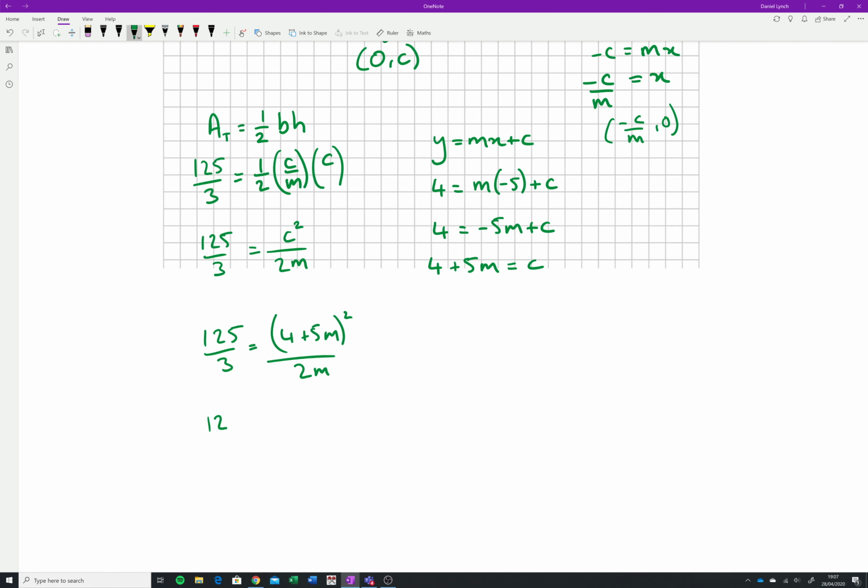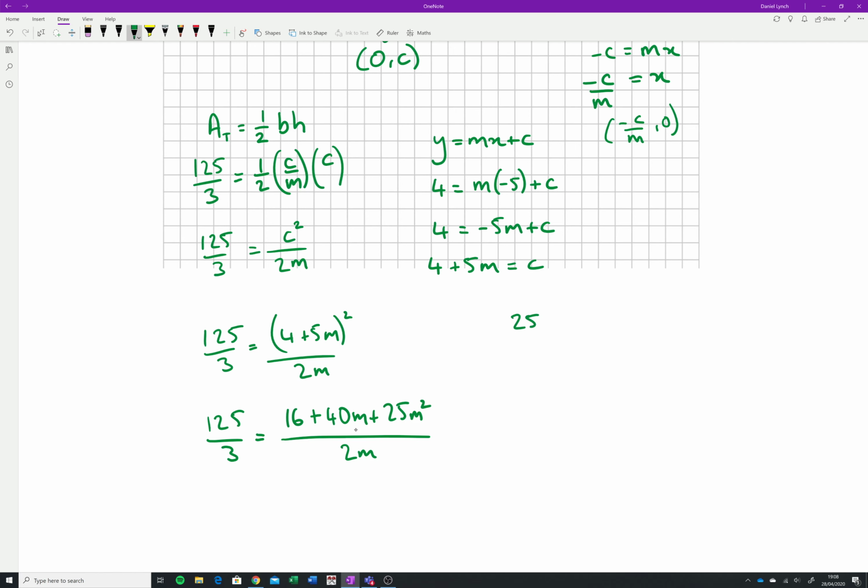So we now have that 125 over 3 is equal to, let's see if we can do this in our heads, 16 plus, what's that, 40m plus 25m squared. Hopefully you haven't gone all rusty on that and you actually remember that.